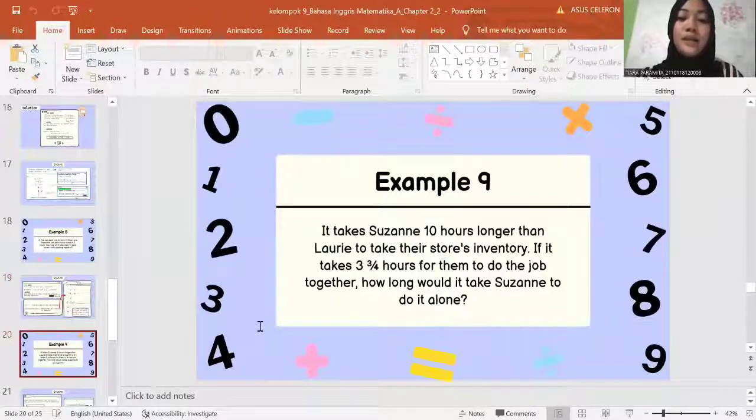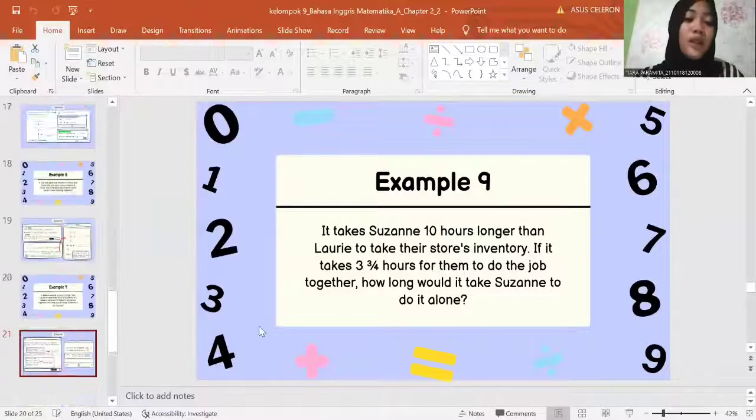Next, example 9. It takes Susan 10 hours longer than Lowry to take their store inventory. If it takes 3/4 hours for them to do the job together, how long will it take Susan to do it alone?